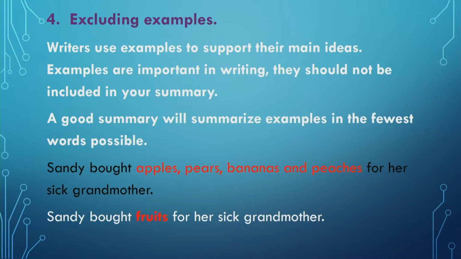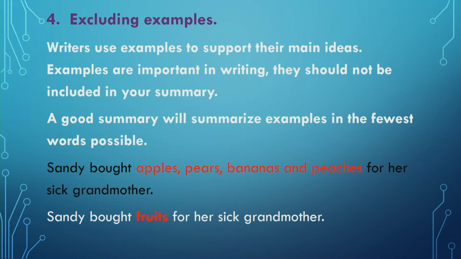Sandy bought apples, pears, bananas, and peaches for her sick grandmother. Now, if we have to go and summarize this sentence, we would say Sandy bought, instead of mentioning all the examples, the items, they're apples, pears, bananas, and peaches, we all know that they are classified as fruits, right?